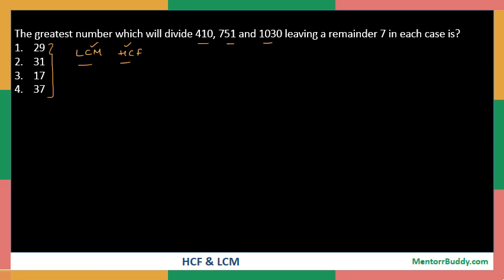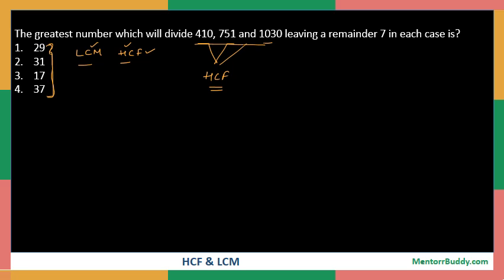The values are 29, 31, 17 and 37. As you can see, the values in the question are greater than the values in the options. So therefore, we are going to calculate the HCF from the question, and hence I can say the question belongs to HCF.